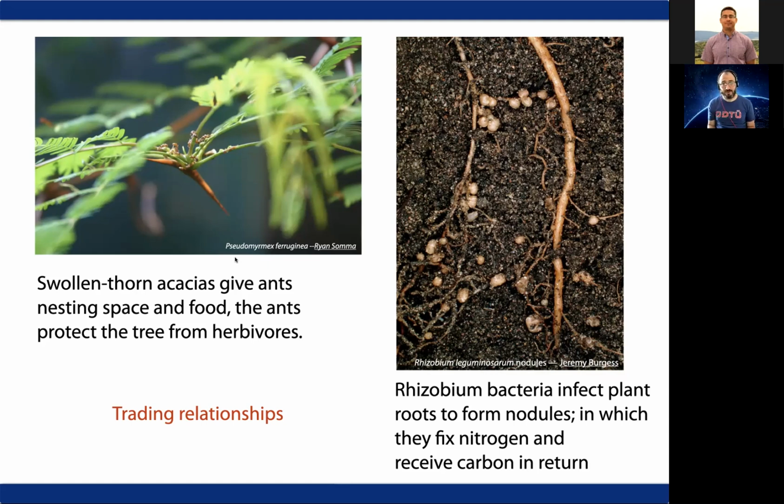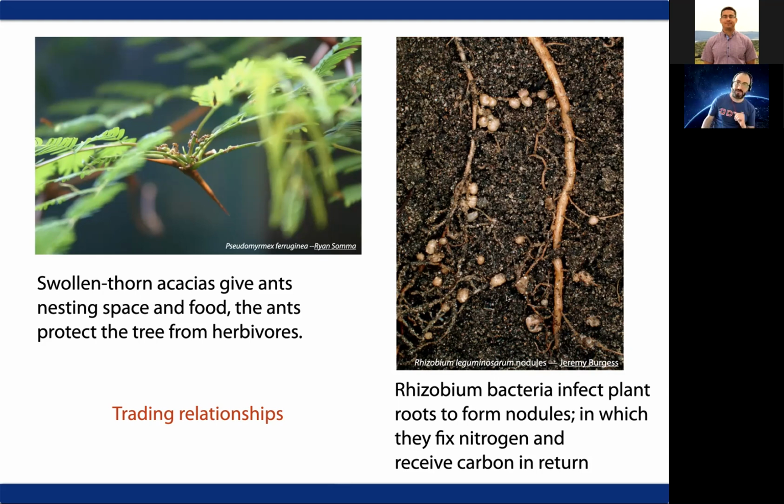There are lots of examples of these trees in both the neotropics and the old tropics. This is basically an example of the tree exchanging housing, which it builds with carbon photosynthate, and also food for protection.